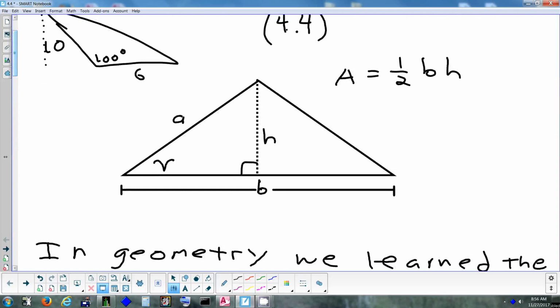Okay, any thoughts on how we could figure out the height? Okay, I might need to label one more side. Let's label that C. I'm not sure if we'll use it or not, but I think you might end up using it.